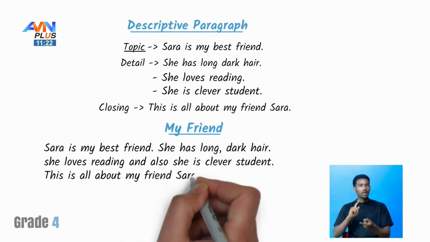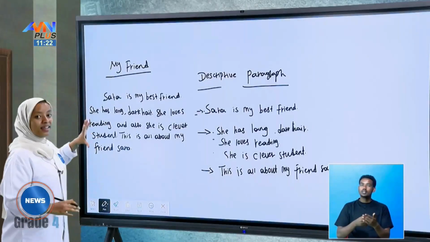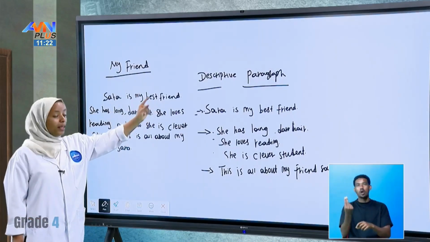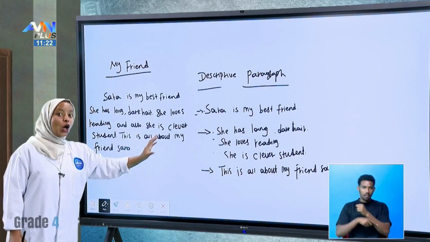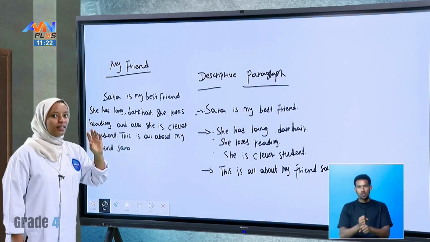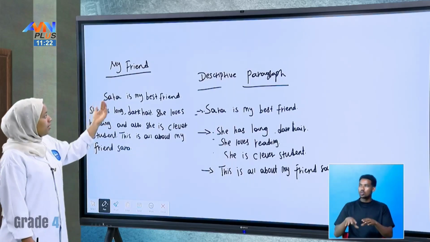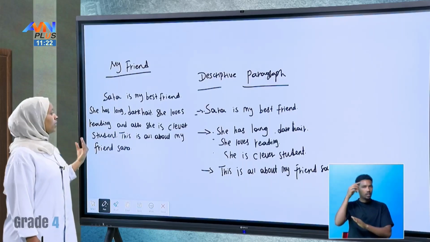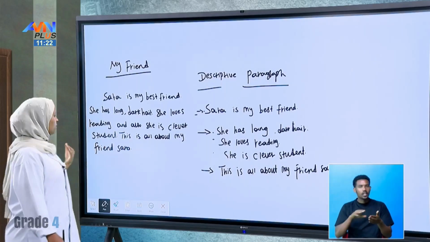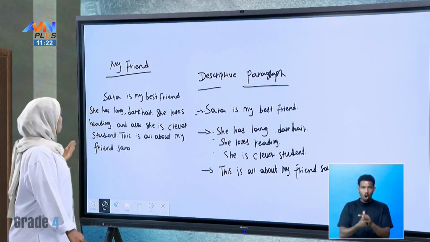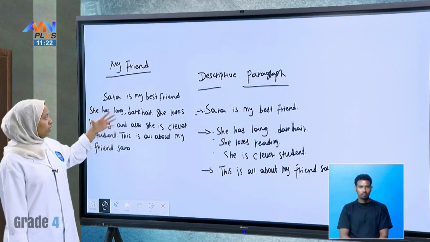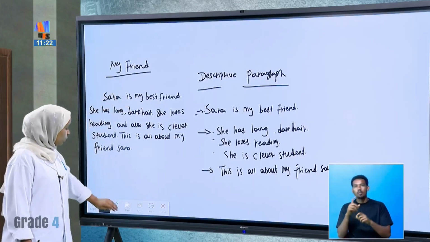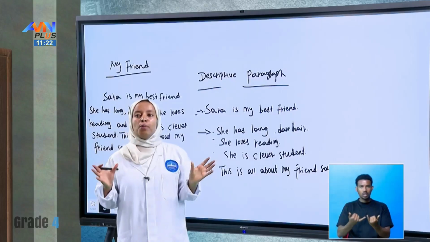So, look students, this is easy, and it is really a descriptive paragraph using a topic sentence, details, and a conclusion or closing sentence. Sarah is my best friend. She has long, dark hair. She loves reading, and also, she is a clever student. This is all about my friend Sarah. So, students, we write sentences and change them into what? A paragraph. Bravo, students.